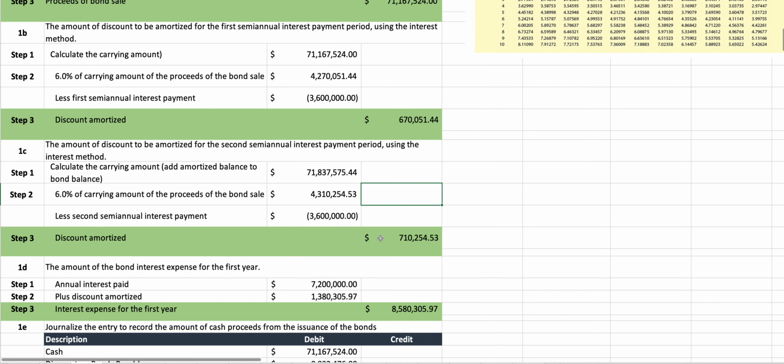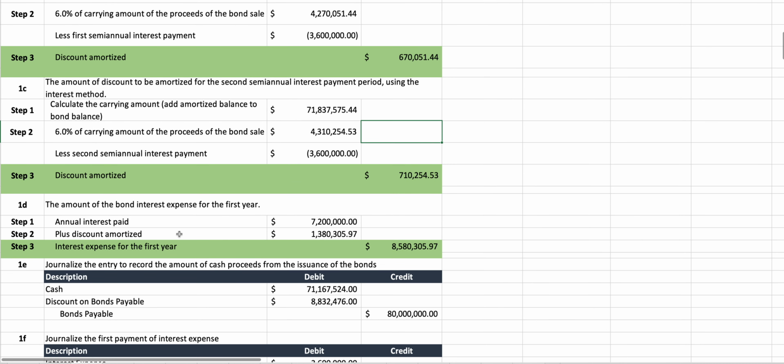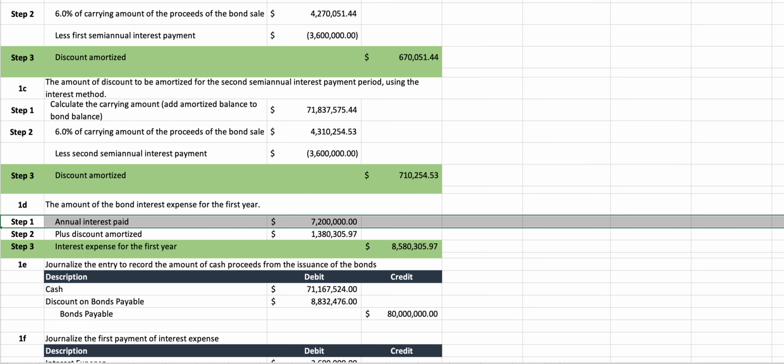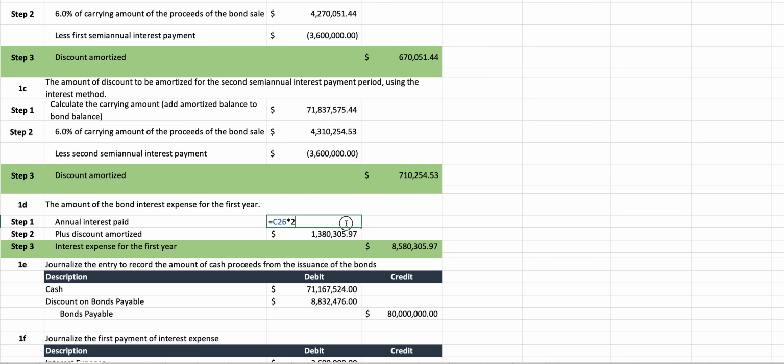So now the last thing that they wanted us to calculate was the amount of the bond interest expense for the first year. So first, we want to calculate the annual interest that we paid, right? And that was really just the $3,600 twice. And I said 3,600, it's actually 3.6 million.